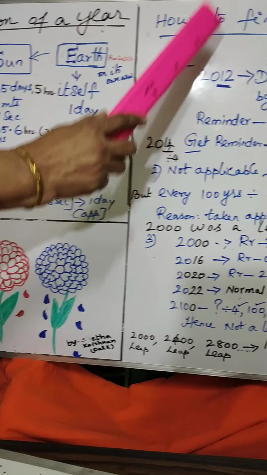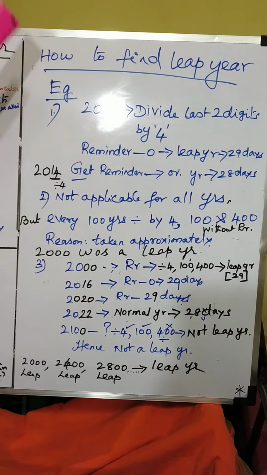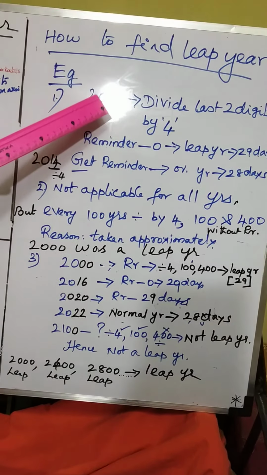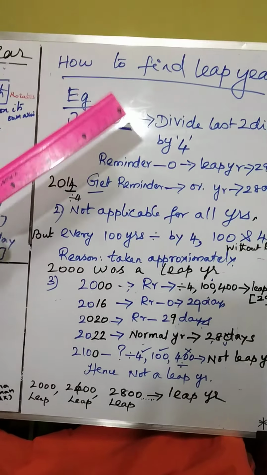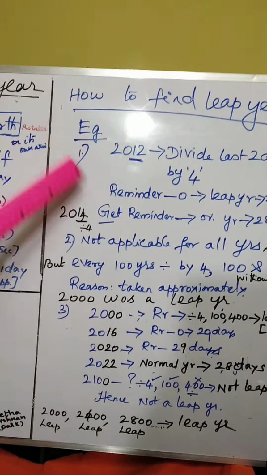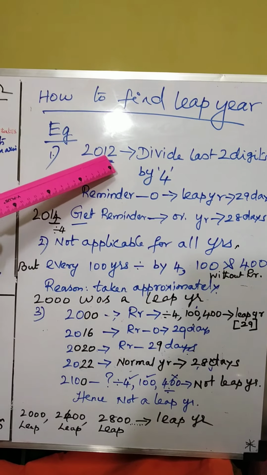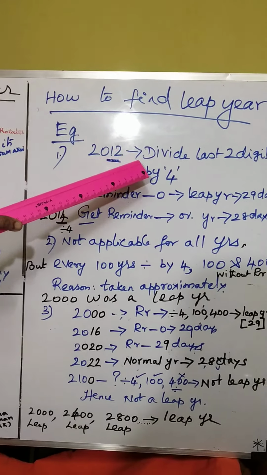Now, to find the leap year, suppose we are given a year, for example 2012. How to find whether the given year is a leap year or not? You have to take these last two digits, that is the unit as well as the tens. These are 12. Now, you have to see whether it is divisible by 4. That is the test of divisibility.